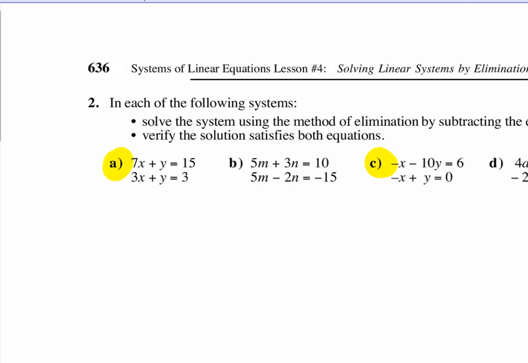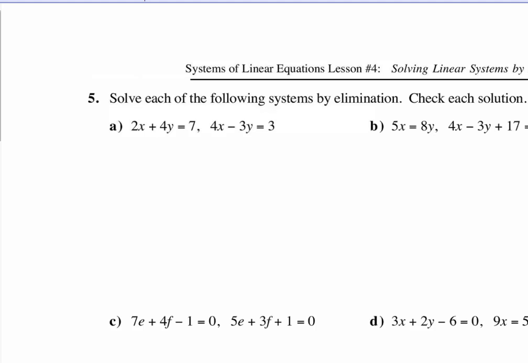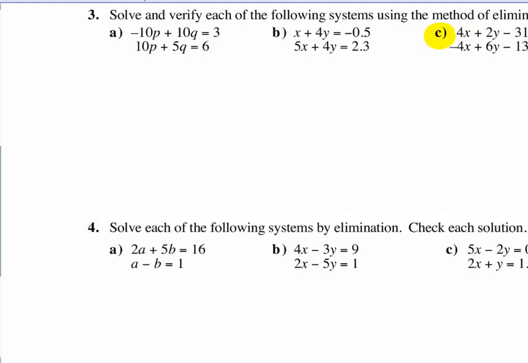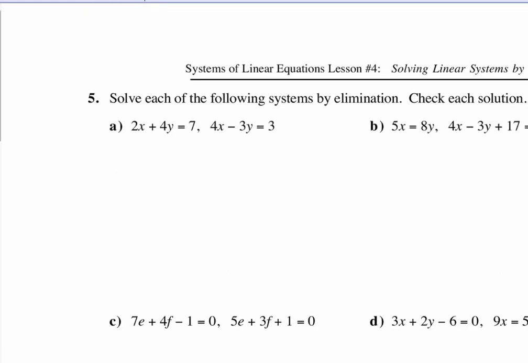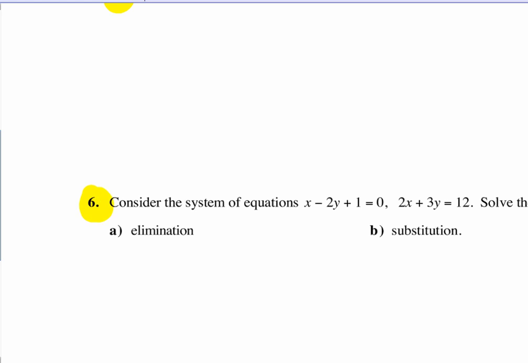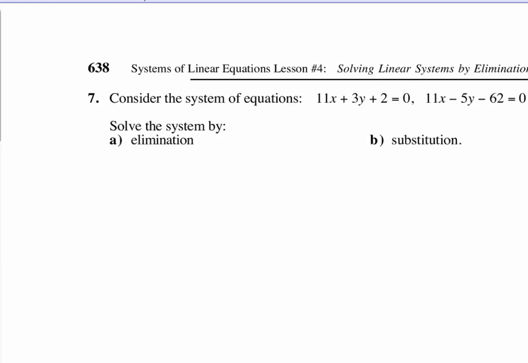Just have to subtract or add the opposite. 3 C, 4 C, 5. Now this is the minimum. C, remember that. 6, all of it. 9A, we've already started.